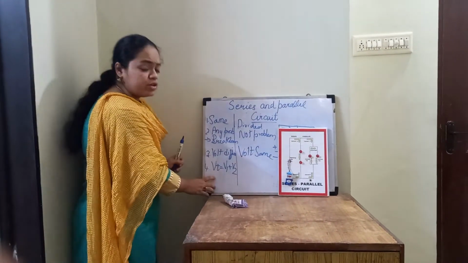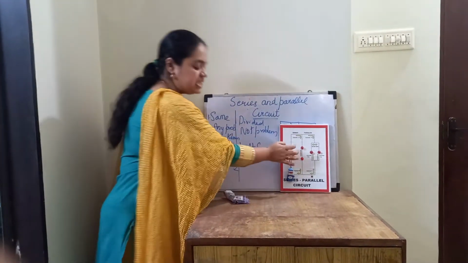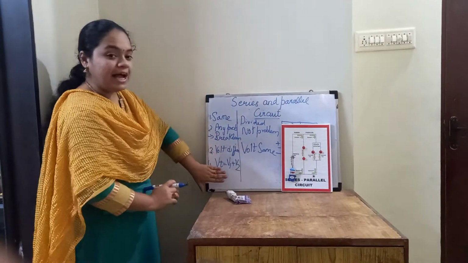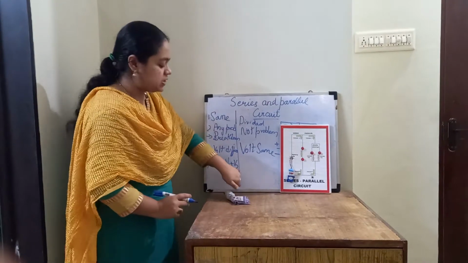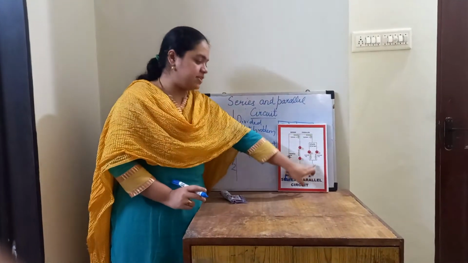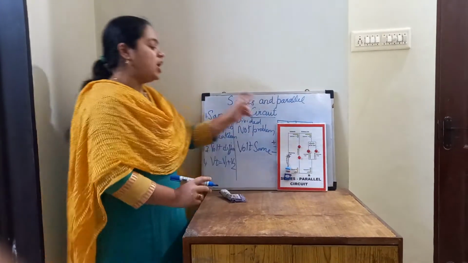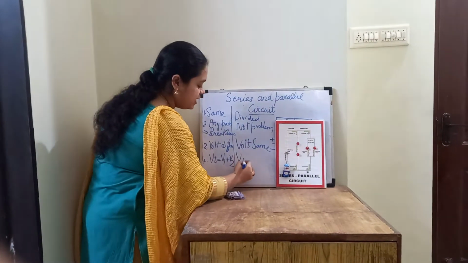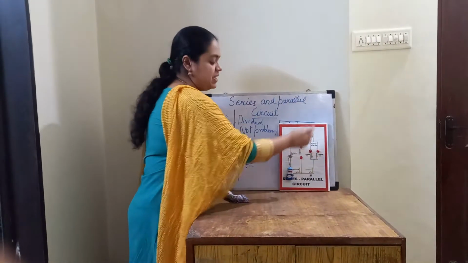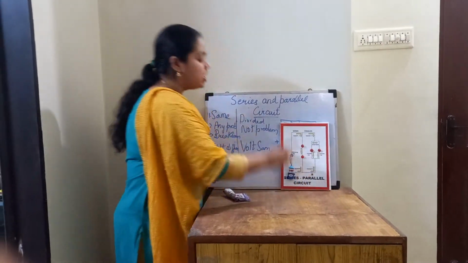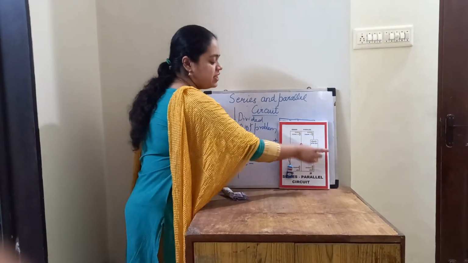So, the total amount of volts for the series circuit can be calculated with the formula Vt equals V1 plus V2. But when you take the parallel circuit, the voltage will be the same because the current given to the parallel circuit is equal for all the resistors.